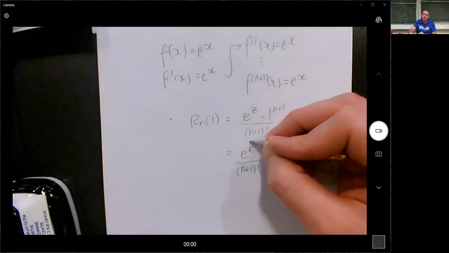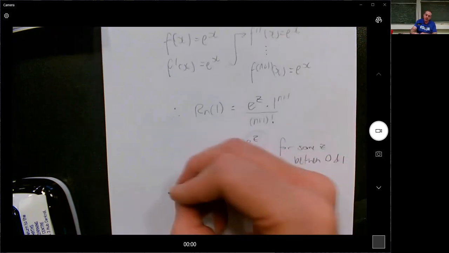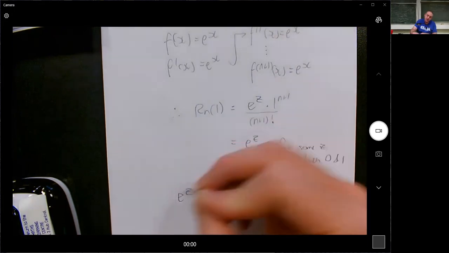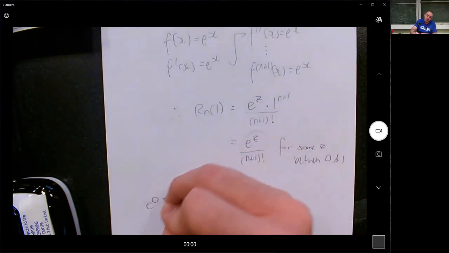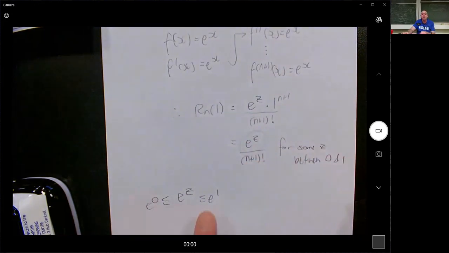But I can look, the biggest possible answer that this could possibly give is e to the power of 1. So e to the power of z is between e to the power of 0 and e to the power of 1, because z is between 0 and 1.